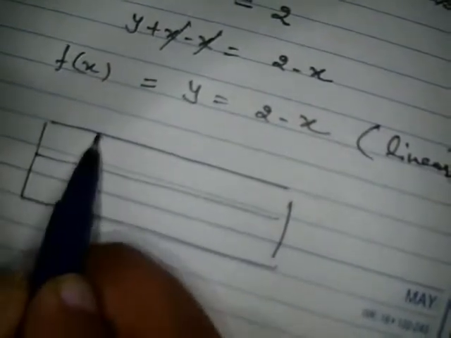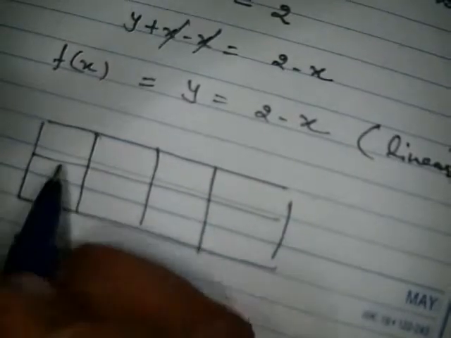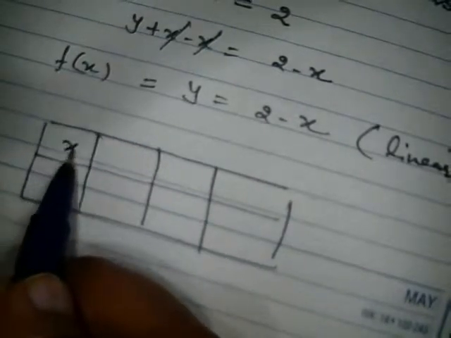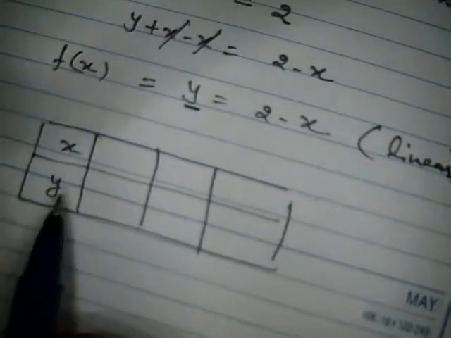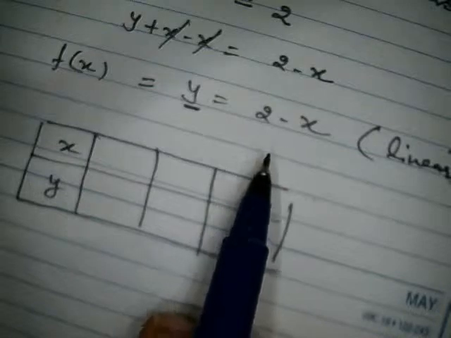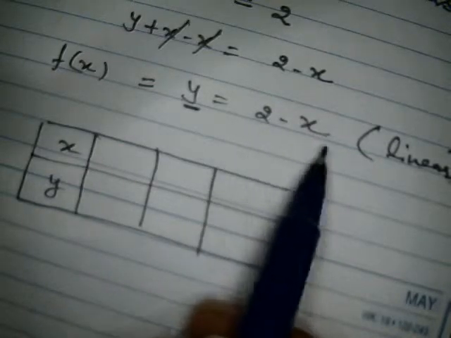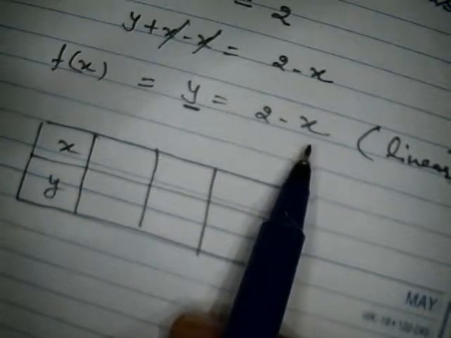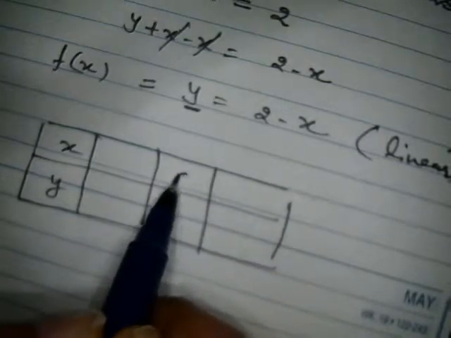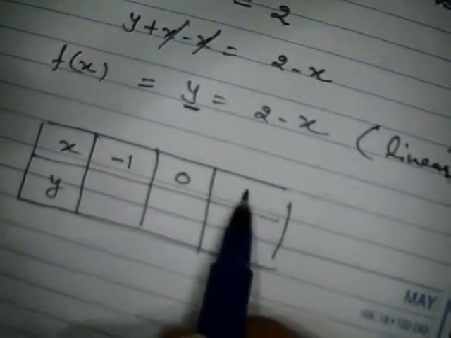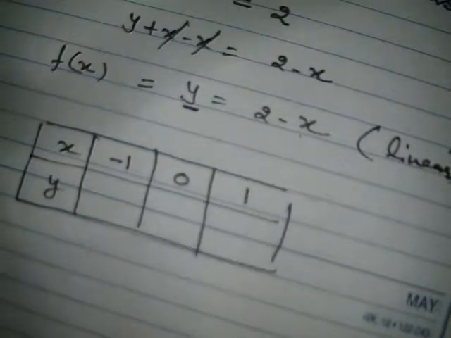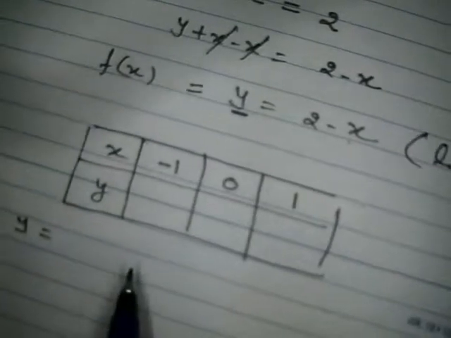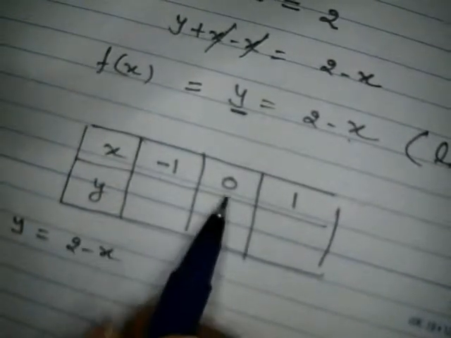We plug in x values over here and calculate the value for y. So I am going to write x and y, and take any values from your end which are easy for the calculation. It's all up to you. I am going to take 0, -1, and +1. When you plug in 0, y equals 2 minus x, so 2 minus 0 equals 2.